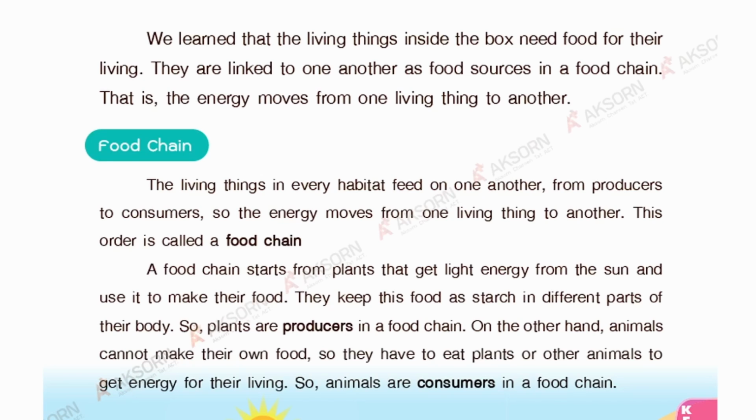This order is called a food chain. A food chain starts from plants that get light energy from the sun and use it to make their food. They keep this food as starch in different parts of their body. So plants are producers in a food chain.